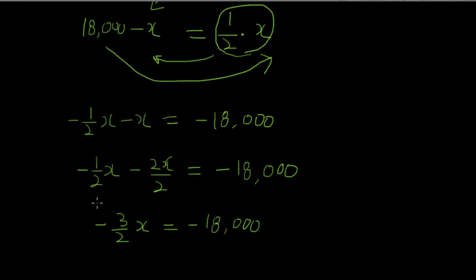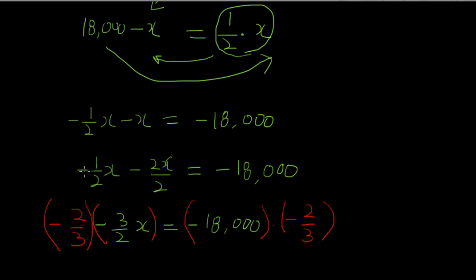Well, multiply negative 2/3 on both sides, right? Let me just put the parentheses here.